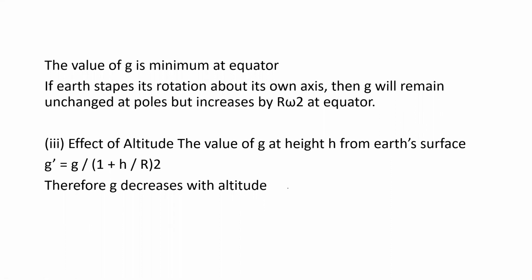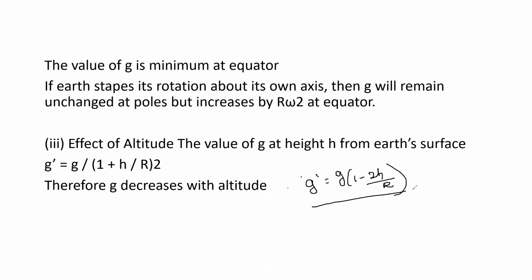The value of G at height h from Earth's surface is given by G divided by 1 plus h by r whole square. In the previous slide, we have already seen the expression for the object when it is at a certain height. So the expression is what? That is G dash is equal to G into bracket 1 minus 2h divided by r.